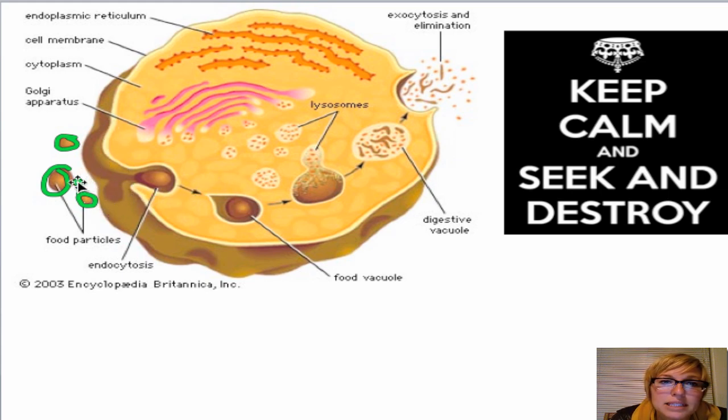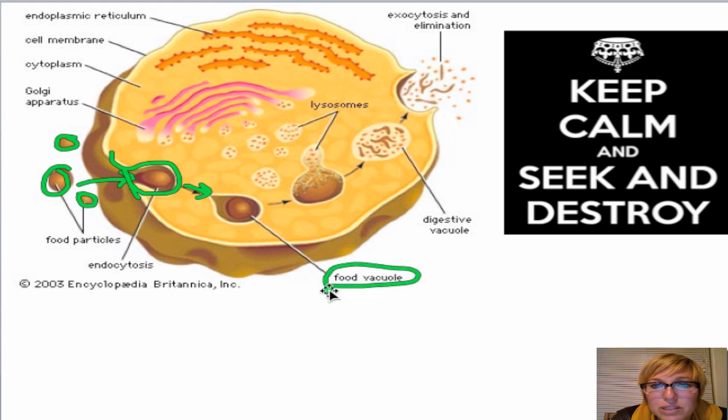So what happens is they move into the cell membrane, and the cell membrane actually engulfs it and closes around it. And then the cell membrane will pinch off a little pod, and now we have this little what's called a food vacuole, which is basically the food surrounded by what used to be cell membrane.